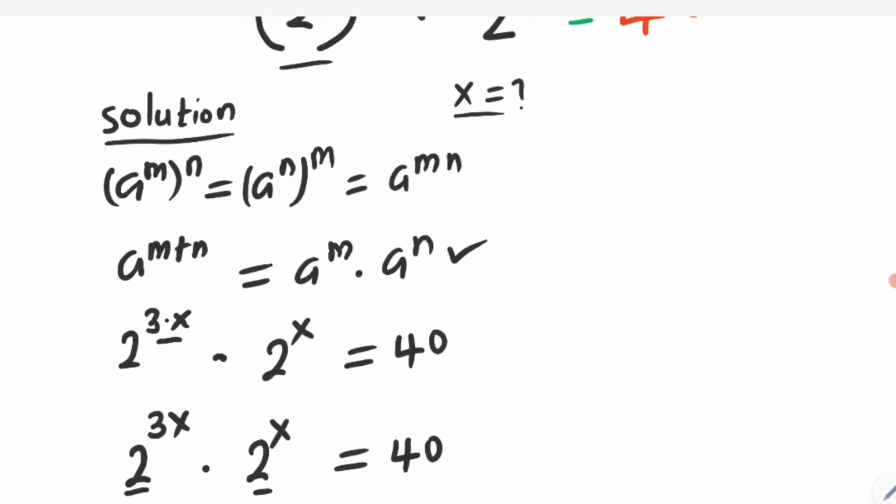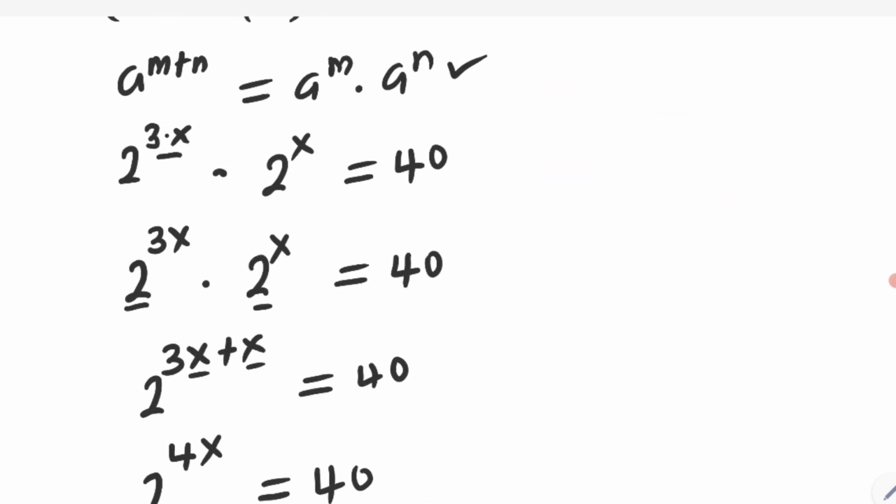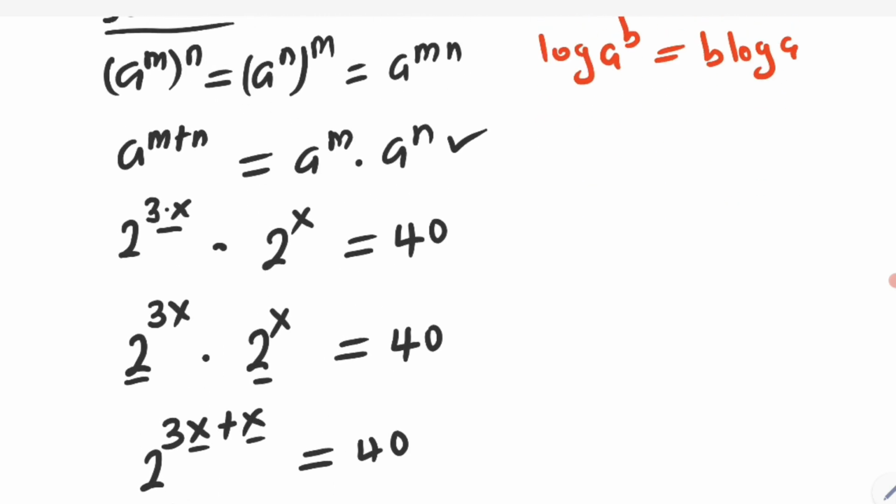Then from here, if you have log a to the power of b, this is equal to b log a. And then this can be written as 4x log 2 is equal to log 40.